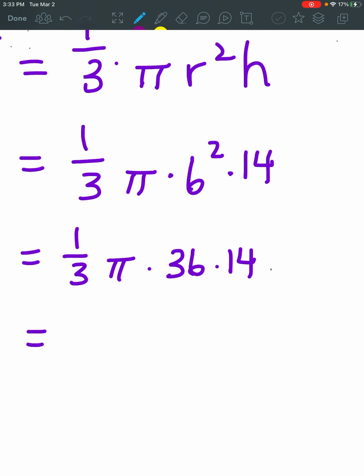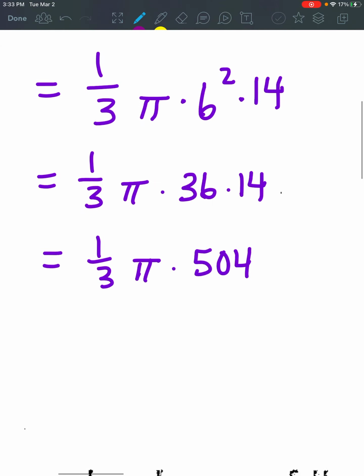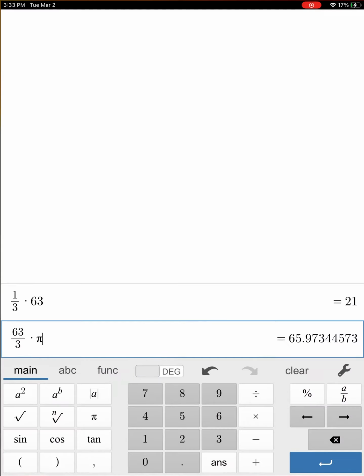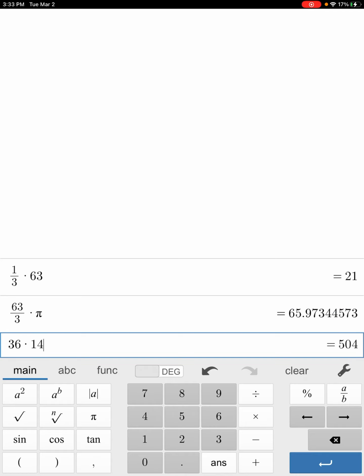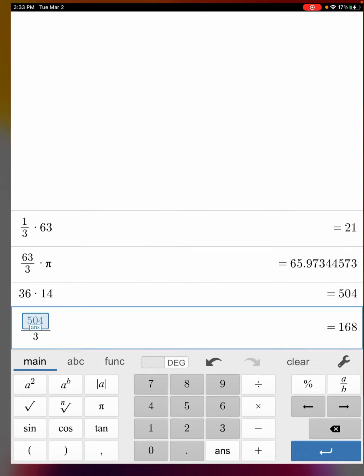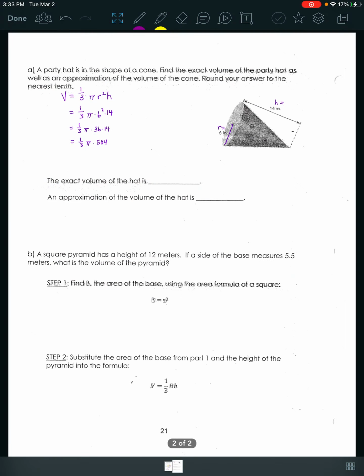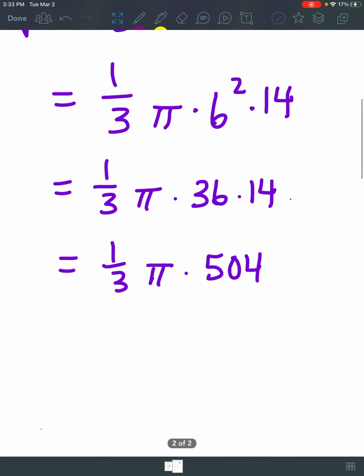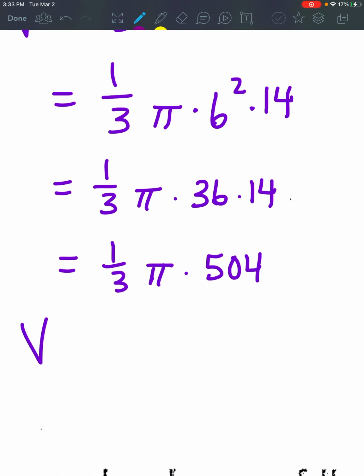Then 36 times 14 is 504. I'm going to double check that, 36 times 14, it is. And then 504 we can divide by 3. I'm just working with those numbers, kind of forgetting about pi. So the exact volume is 168 pi.